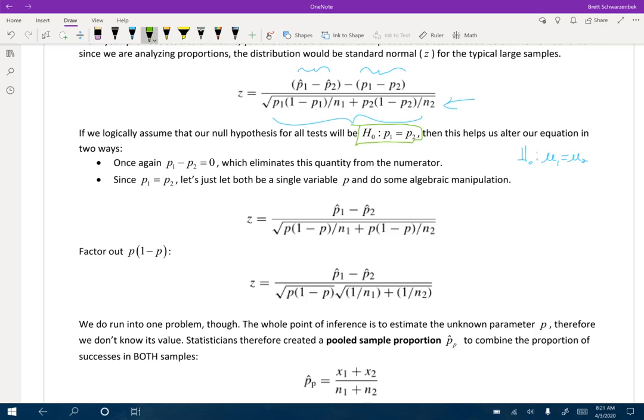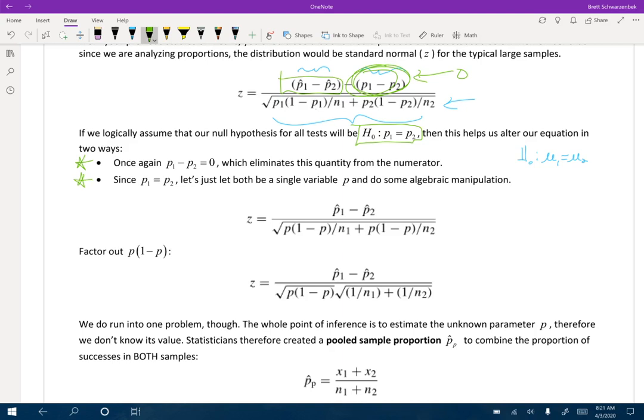So if that's the case, first one here, we of course know that if p1 equals p2, then this whole thing is equal to 0, which means our formula is only going to have this in the numerator when we get to it. So no change so far. Now, there's another byproduct of this, though.